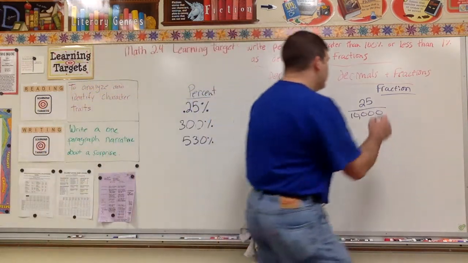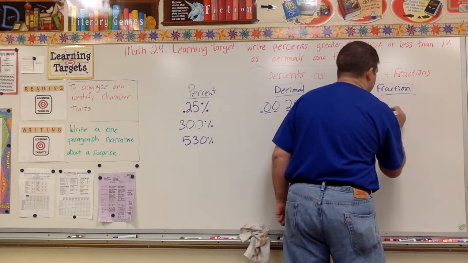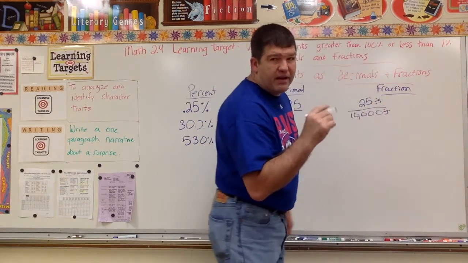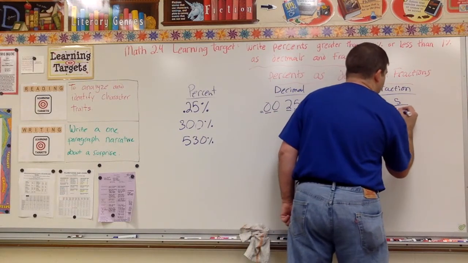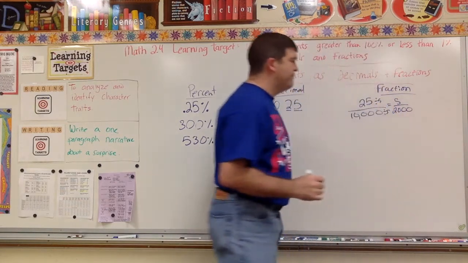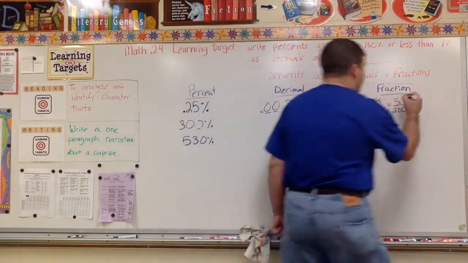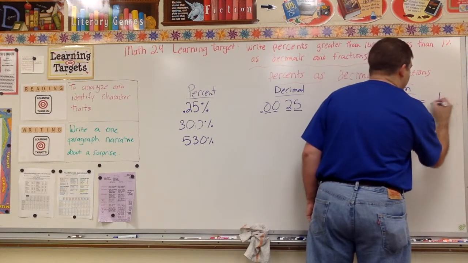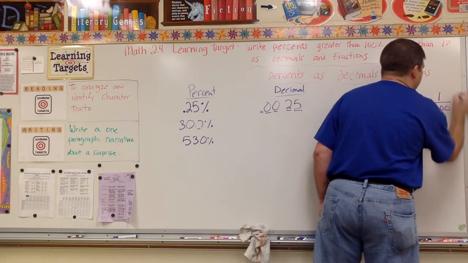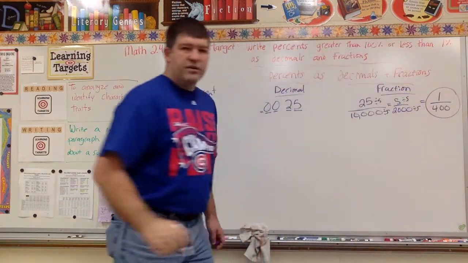Now, I know that these can each be divided by 5. I want to make sure I always simplify it. That's going to give me 5, and that's going to be 2,000. Okay, but I can divide by 5 again. Divided by 5, divided by 5. That gets me 1, and that gets me 400. There's my fraction.